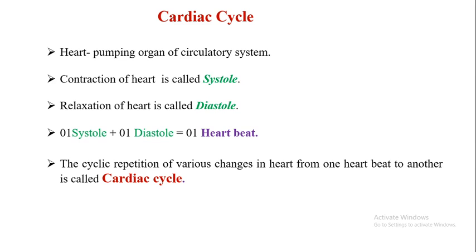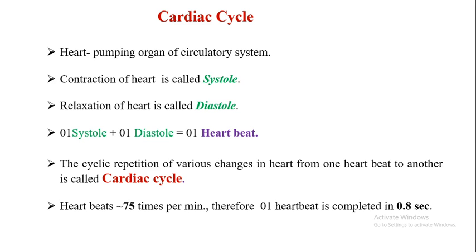During every heartbeat one systole and one diastole occur, and as we know our heart beats 75 times per minute. On that basis we can say that one heartbeat is completed in 0.8 second.